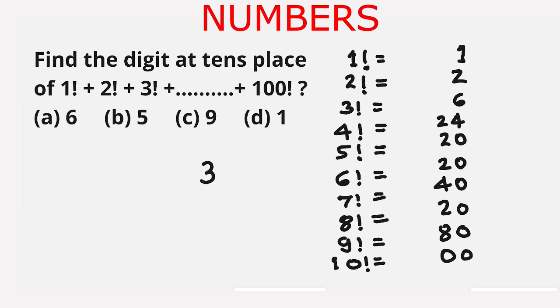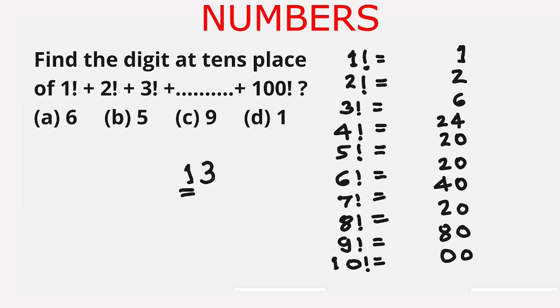So we write only 1 because we want the digit at tens place. So 21 has the digit 1 and we only write 1. So this becomes 13 and the tens place digit is just 1.